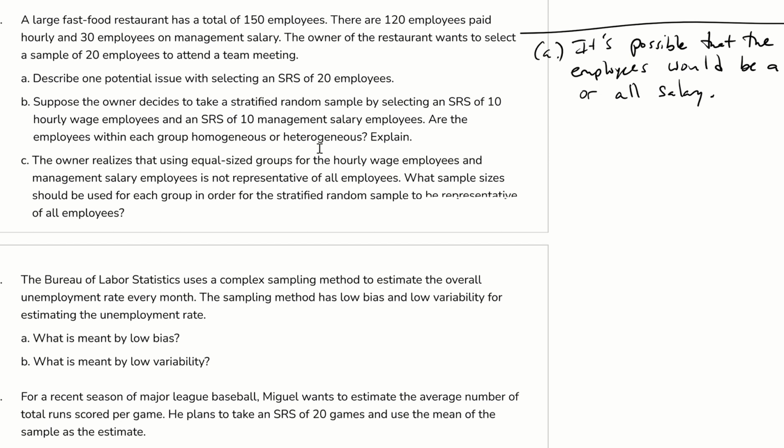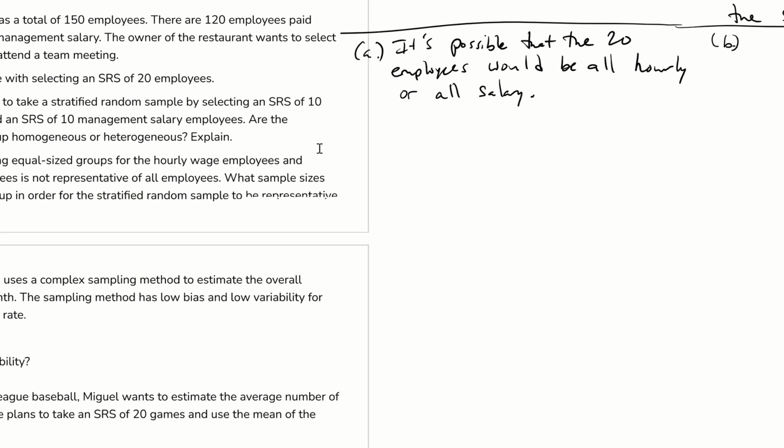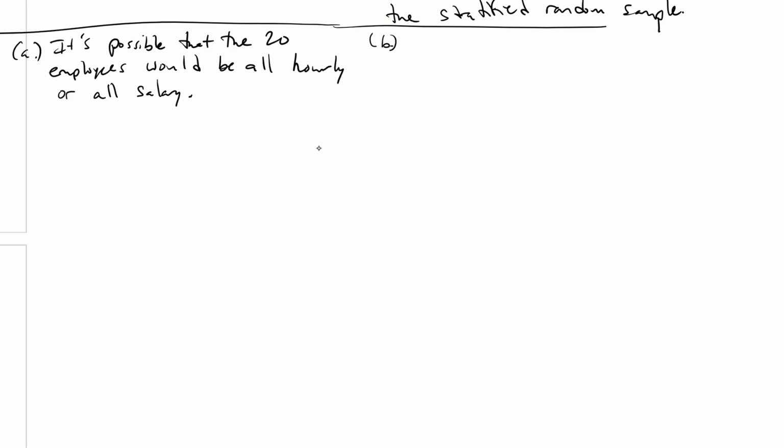In that case, that's going to be perfectly fine. If you select 10 employees from the hourly, they're all homogeneous. They're all paid hourly. You select 10 from management, they're all homogeneous. They're all salary. Okay, so that's fine. No issues there. So for part B, I'm going to say it's homogeneous.